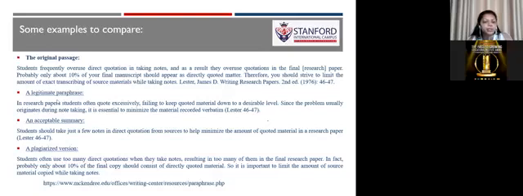Okay, so this is an acceptable paraphrased version. Let's look at an acceptable summary. Students should take just a few notes in direct quotation from sources to help minimize the amount of quoted material in research paper. If you look, you will understand the original meaning is there, but the word and sentence structure are all different.